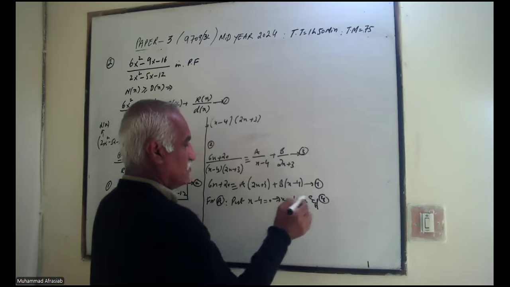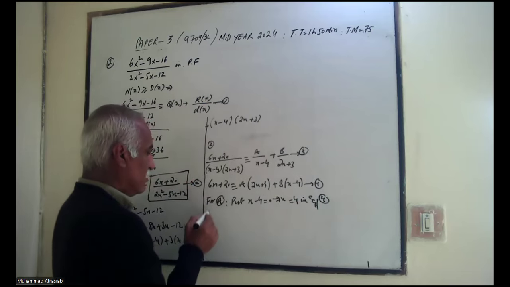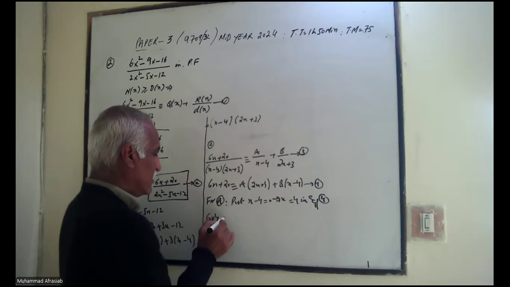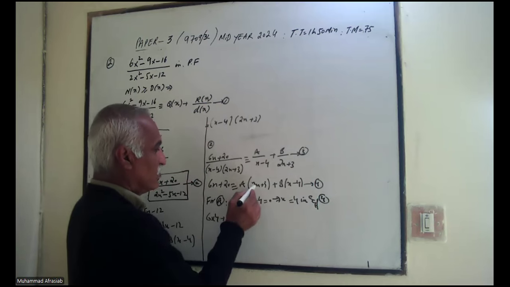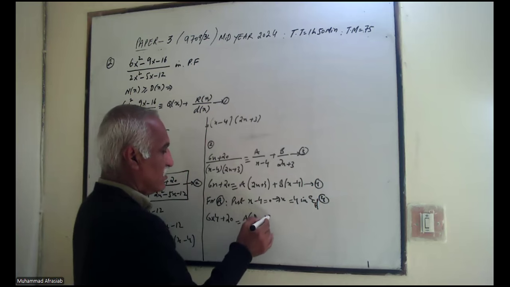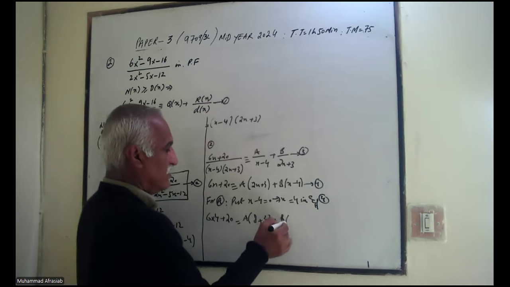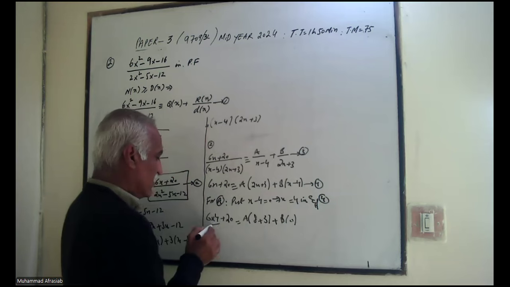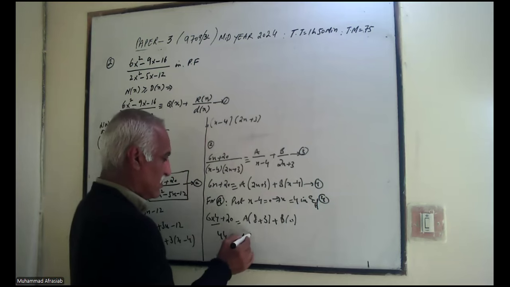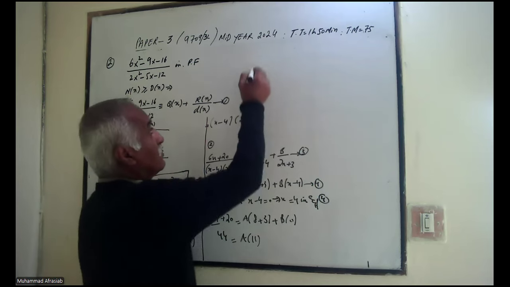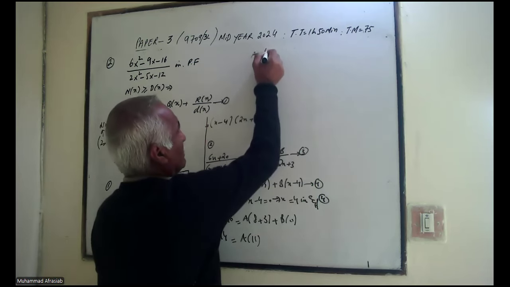So this will become 6 into 4 plus 20 is equal to a into 4 twos are 8 plus 3, plus b into 0. So 24 plus 20 is 44, which is equal to a into 11. So the value of a will be equal to 4.